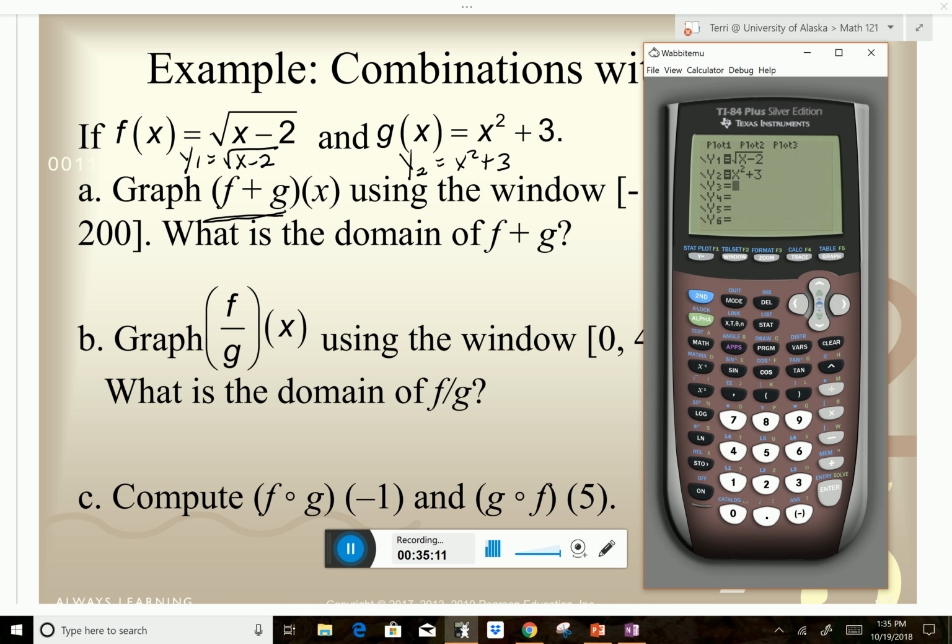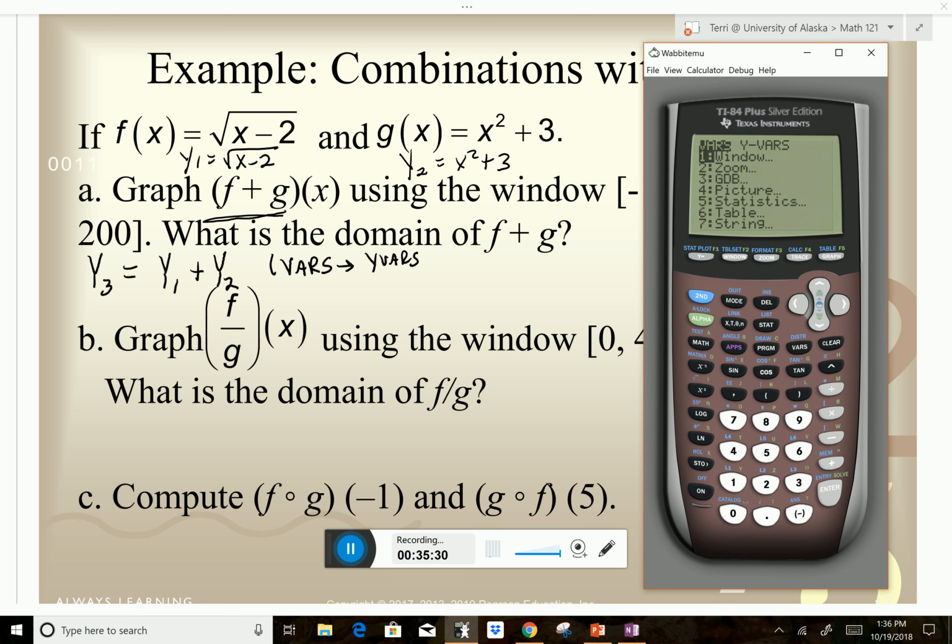So I actually want to graph y3. So now I'm going to go to y3, and I'm going to set y3 equal to y1 plus y2. And remember, to bring those up, I go vars over to y-vars.